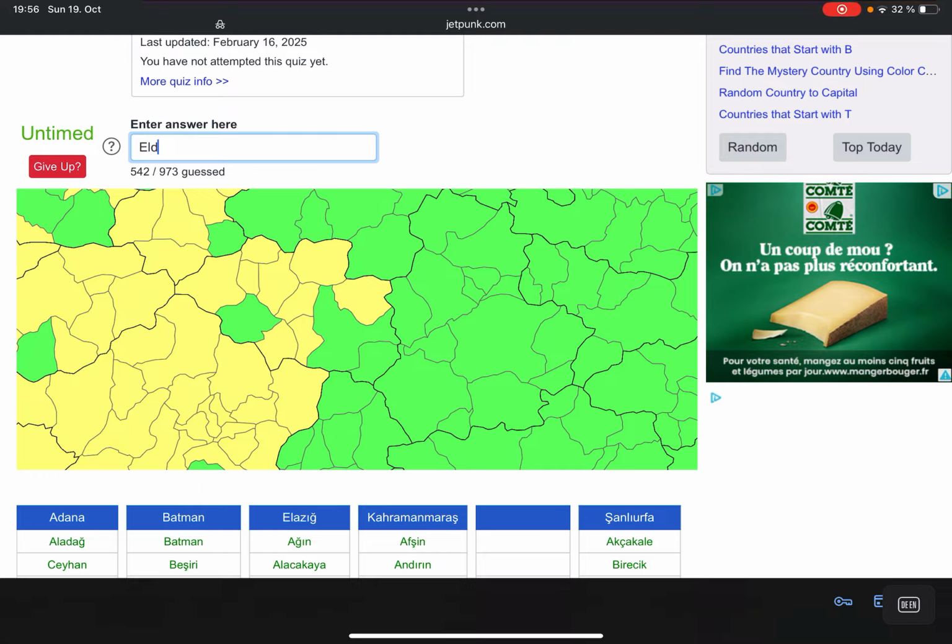So here we also have Eldivan, Yapraklı, Ilgaz, Kurşunlu, Atkaracalar, Bayramören, and Çerkeş, Korgun, and Şabanözü.